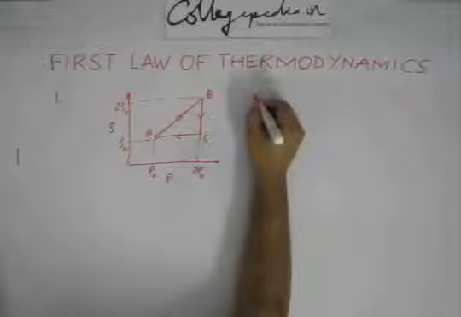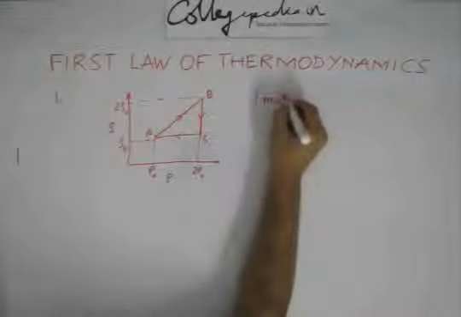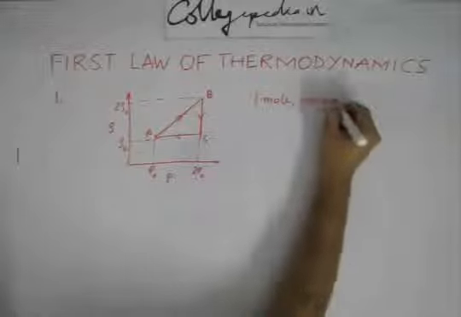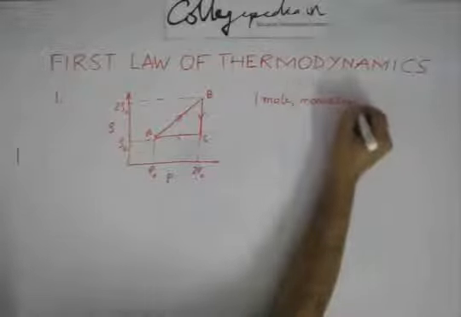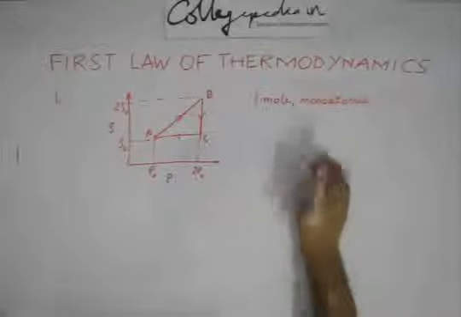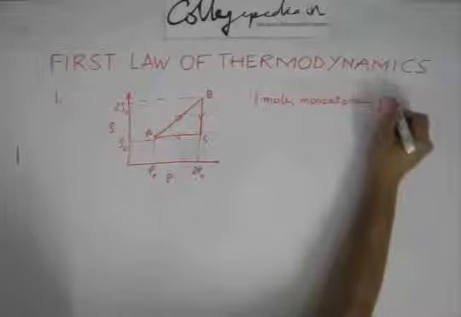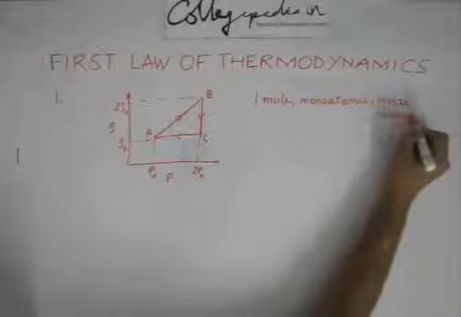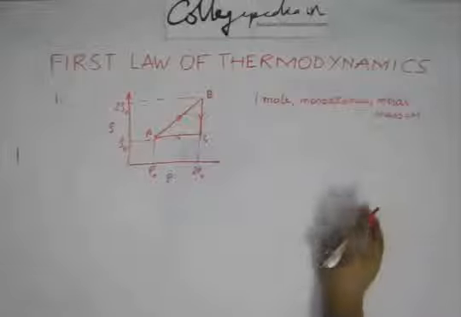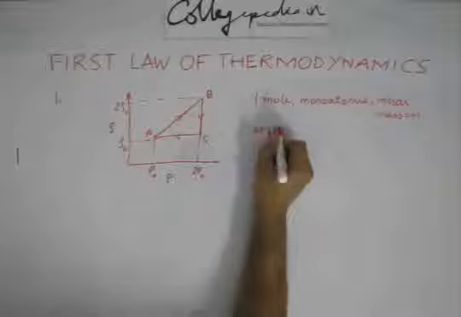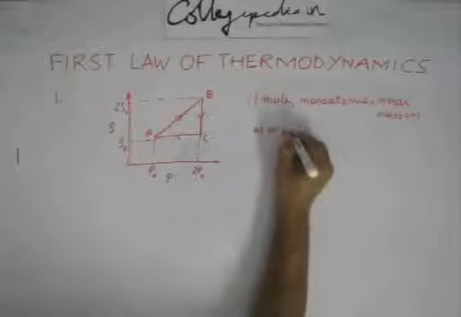It is said that there is 1 mole of gas. The gas is monoatomic. The molar mass of the gas is m. We need to find out W for each process.